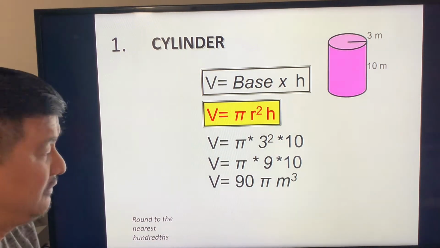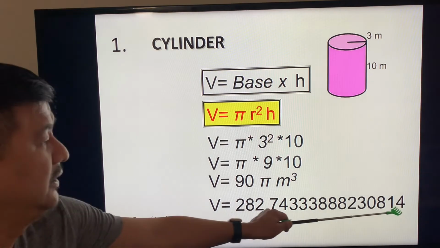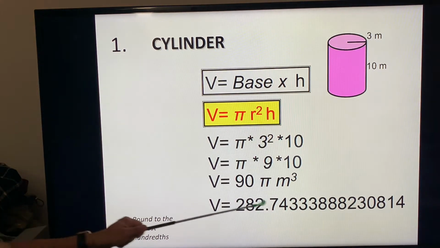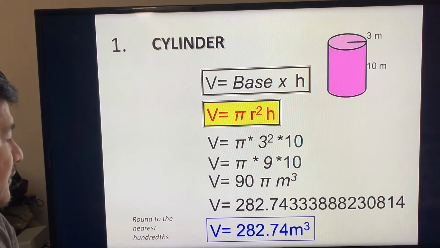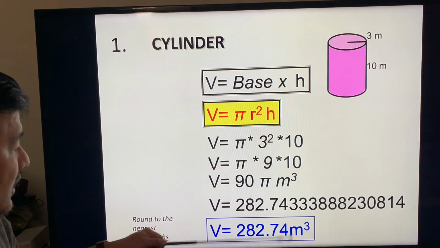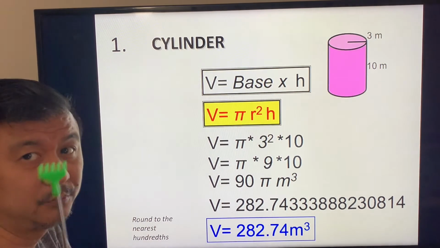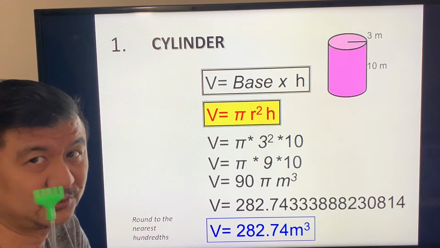Do not round your pi value. Calculator times 90, you will get a non-terminating decimal. Since it says nearest hundredths, will the 3 affect my 4? No. Therefore, it ends at 4. Retain the place of 4. So 282.74 cubic meters. Remember, the unit is now cubic and not squared.